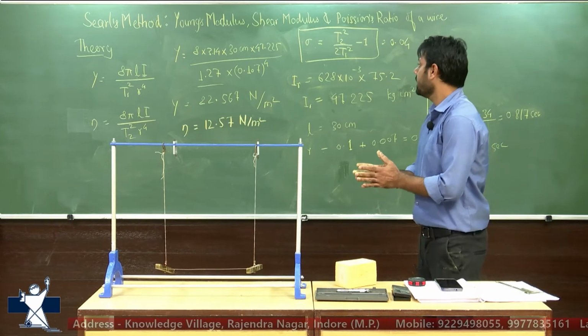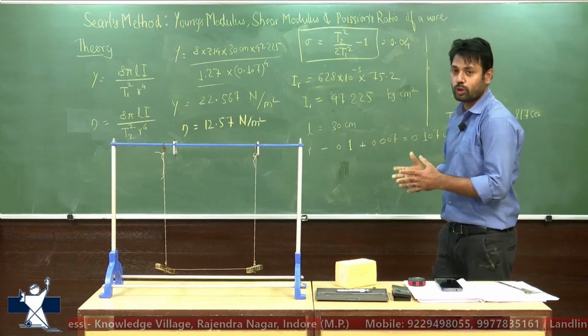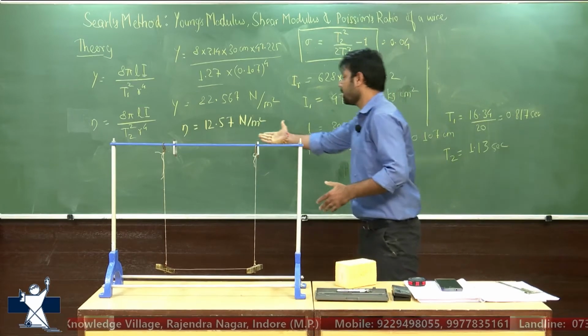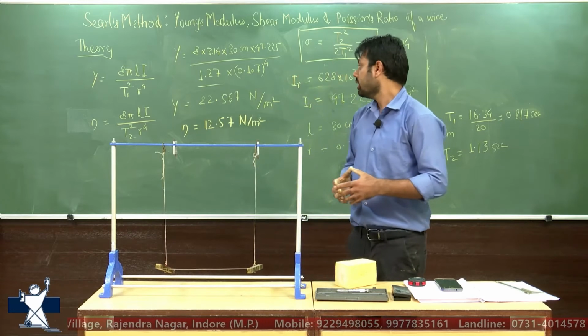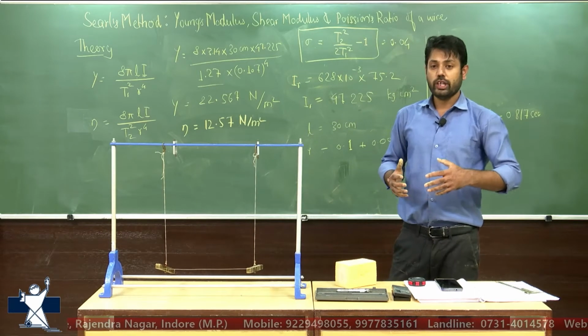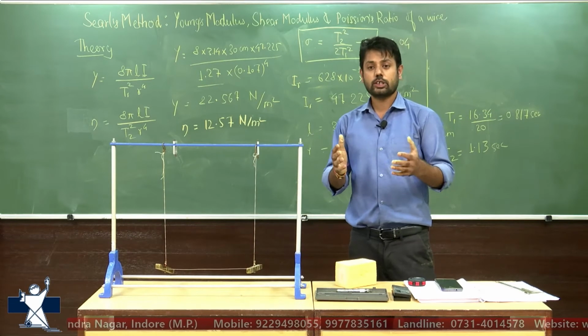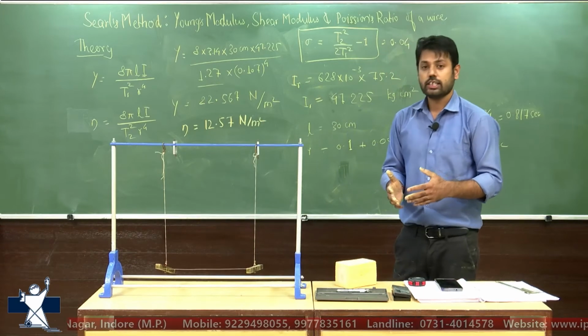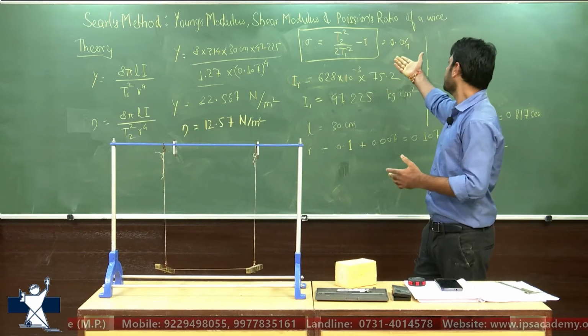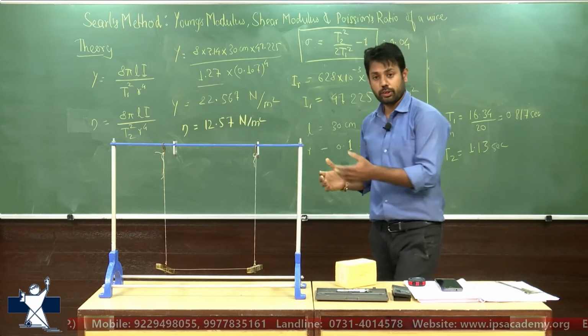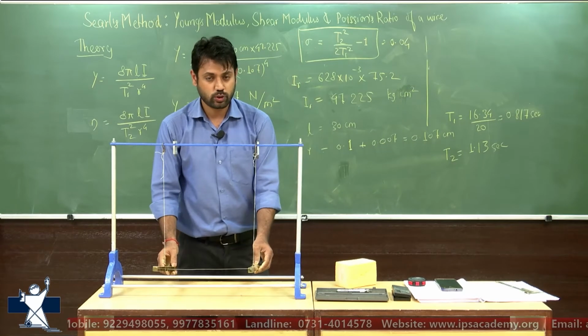So we have measured the three quantities: Young's modulus, Poisson's ratio and shear modulus for this wire using Searle's method. So in this experiment we combined various concepts of physics like rotation, simple harmonic motion, Young's modulus, shear modulus and Poisson's ratio to get to the measurement of these quantities.